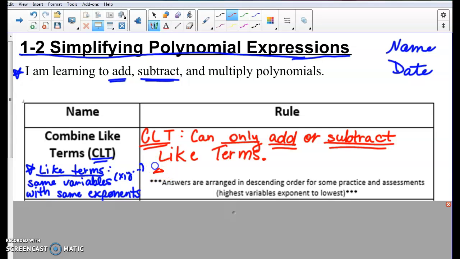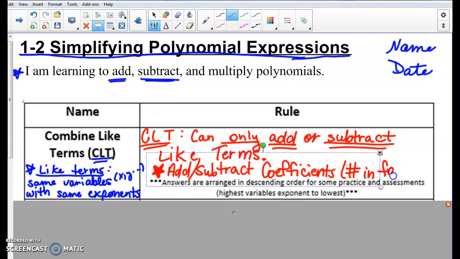Now, big note we have to make when we're combining like terms also is that we add or subtract coefficients, which is the number in front of your term, only.